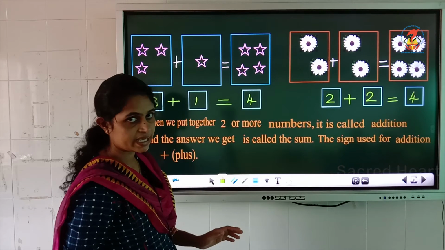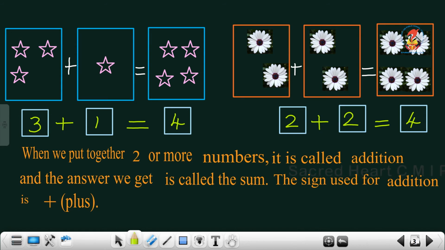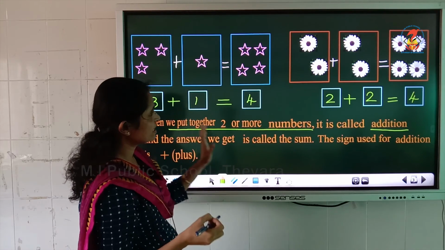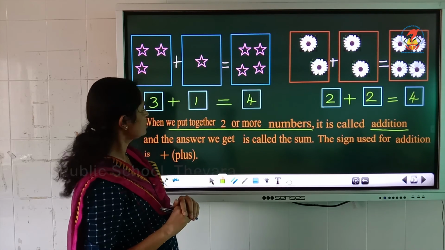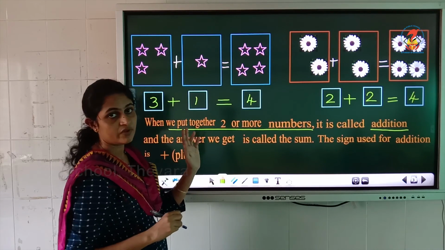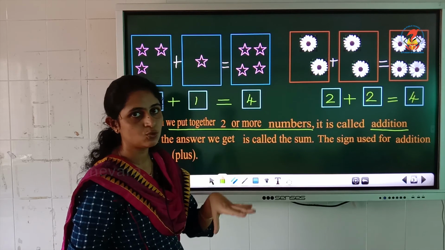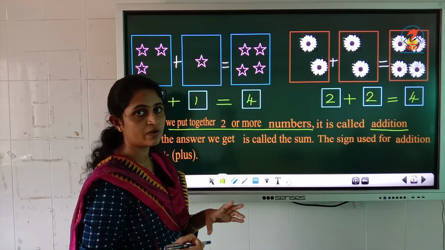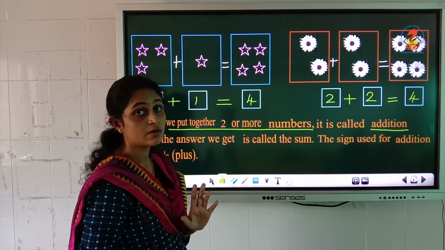So generally we can say that when we put together 2 or more numbers, it is called addition. And in all these cases we are getting some answers, isn't it, children? In the first one we added 3 apples and 2 apples, and when we put them together we got 5 apples.